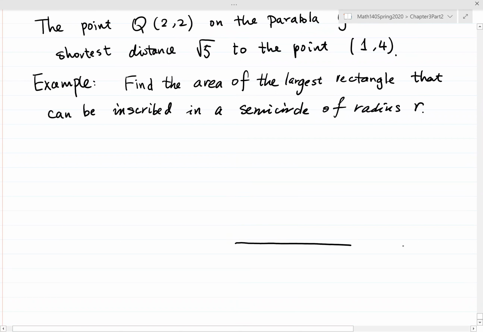So we plot a semicircle of radius r. Suppose we have a semicircle of radius r. This is x, this is y.